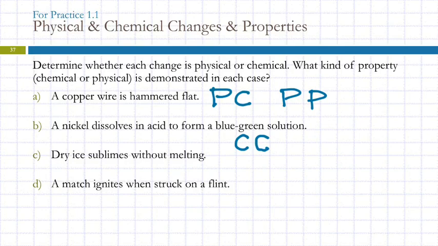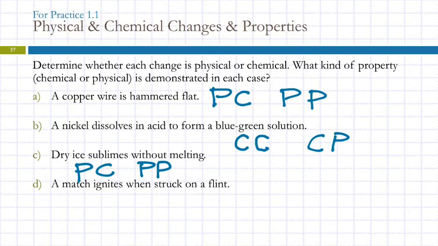Is that a chemical property or physical property? Chemical property. It always ends up that the chemical property comes from the chemical change and the physical property from the physical change. Okay, dry ice subliming without melting. Physical change, and that's a physical property. Anytime you see something indicating a state change, that's going to be a physical change.